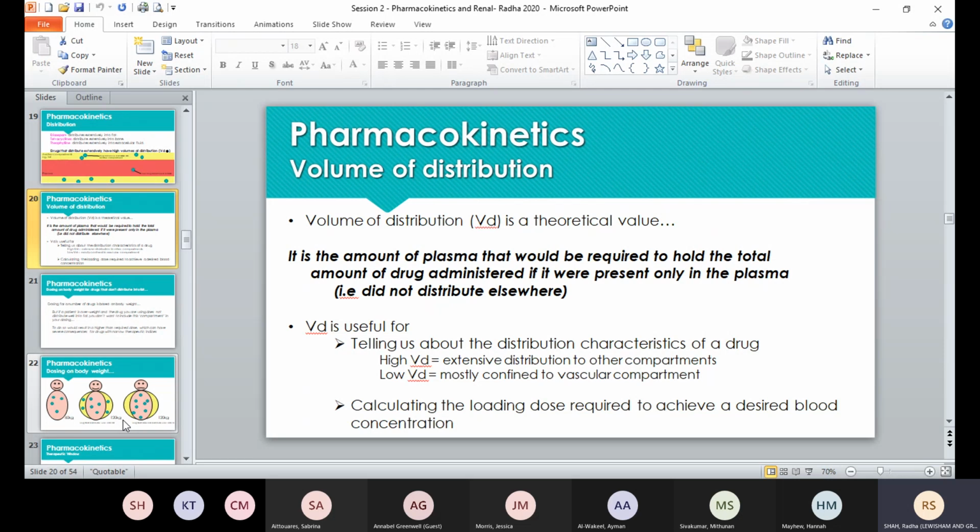But equally, if we have a low volume of distribution, then we can assume that it's mostly confined to the vascular compartment. Volume of distribution is key when we're calculating if a loading dose is required to achieve a desired blood concentration. Some drugs do and some drugs don't, and that is dependent on their volume of distribution and where the drug distributes to in the body.